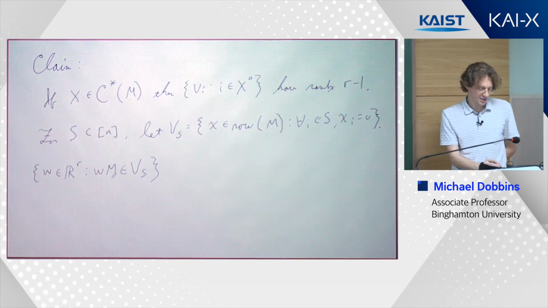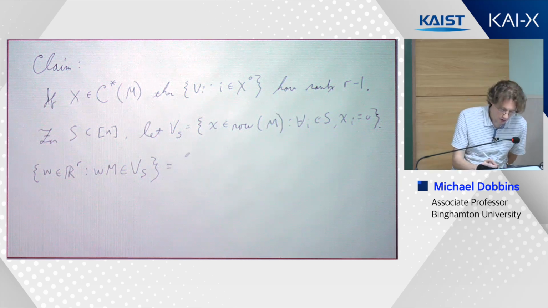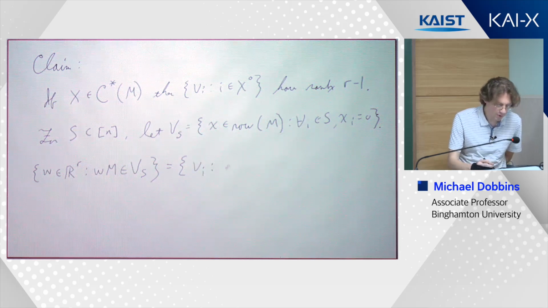Right, so I can write something in the row space by multiplying by a vector on the left. Then the resulting space that I get will be, I claim, the orthogonal complement of these vectors.